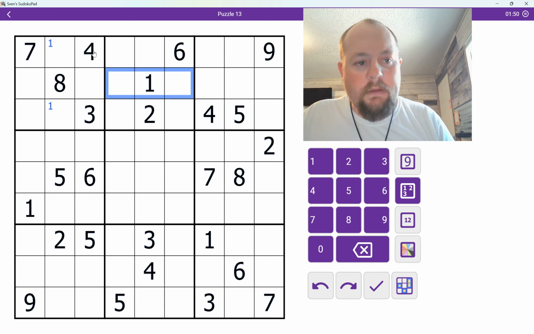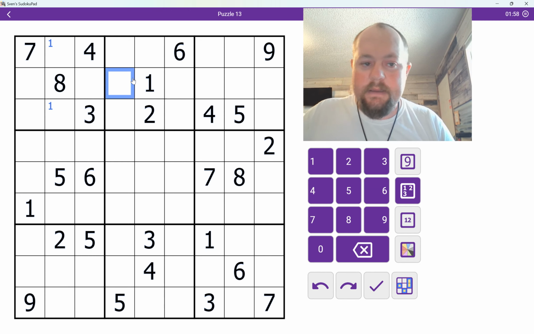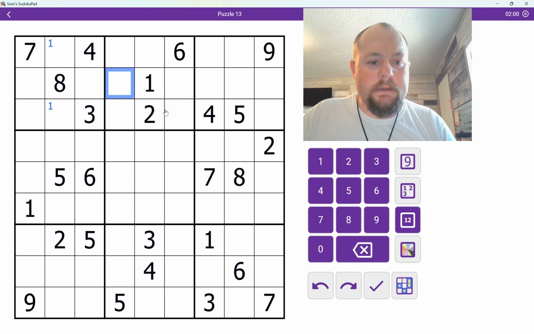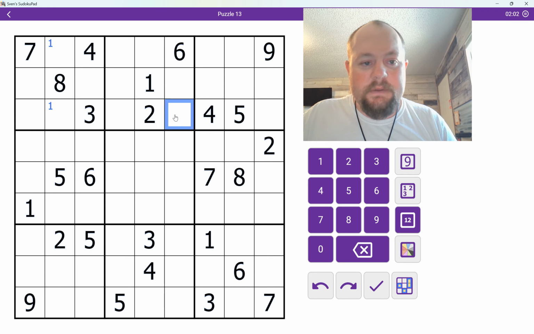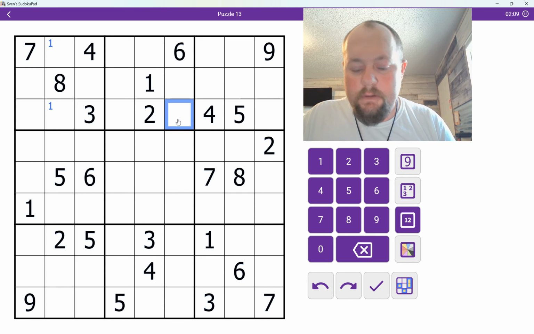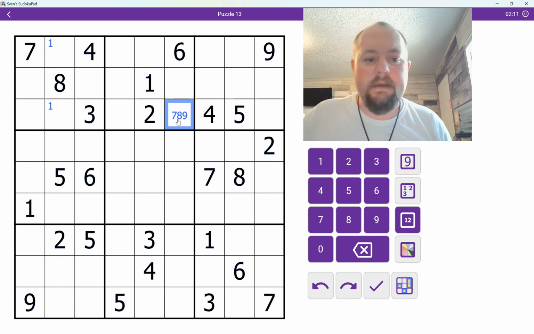If you consider a box, we like to use corner notation. If you consider an individual cell, we like to use center notation. This individual cell here sees 1, 2, 3, 4, 5, 6, so if we did center marks, we could say it could be 7, 8, or 9.